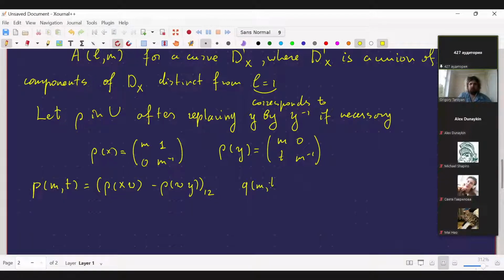Sorry, do you really mean here that the eigenvalues of rho of x and rho of y coincide? Yeah, that's a bit strange. Oh, wait a moment, sorry.